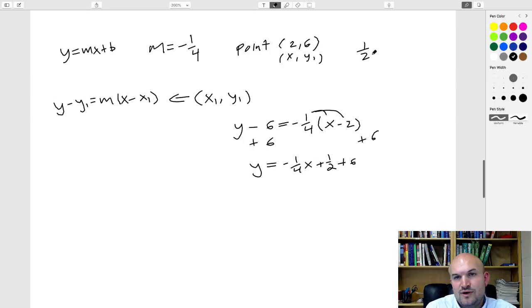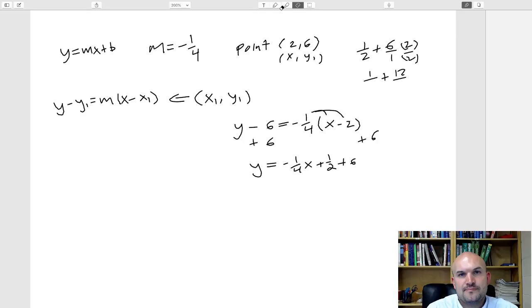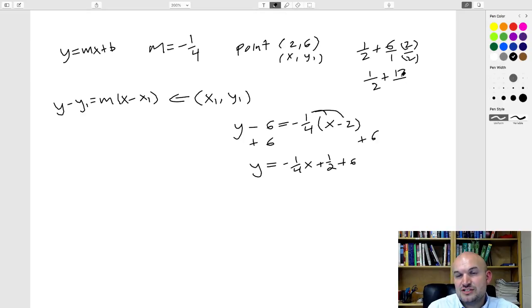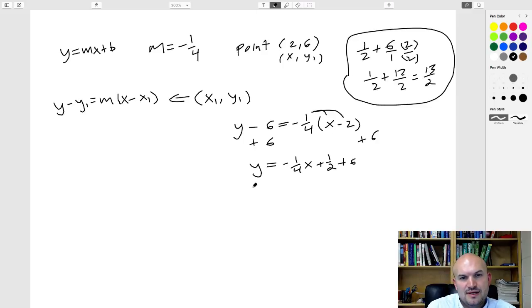To add 1/2 plus 6, I can put the 6 over 1, multiply that by 2 over 2, and I'd have 1/2 plus 12 over 2, which gives me 13 over 2. So that's a little sidebar. Therefore I have y equals negative 1/4 x plus 13 over 2.